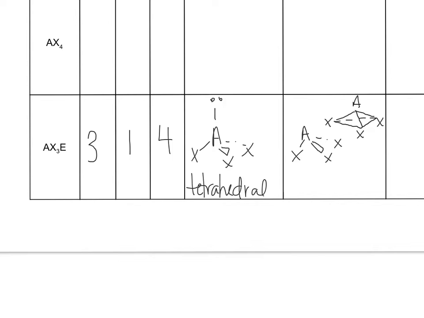So this is called trigonal pyramidal, or trig pyramidal. And an example of this is ammonia, NH3.